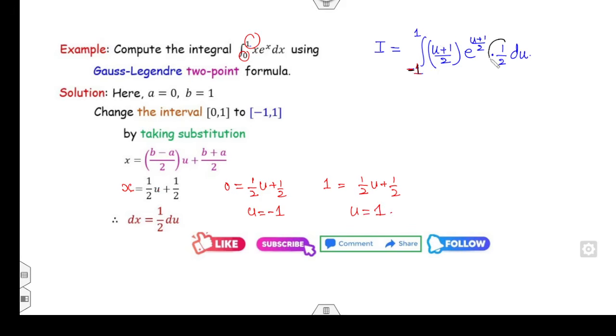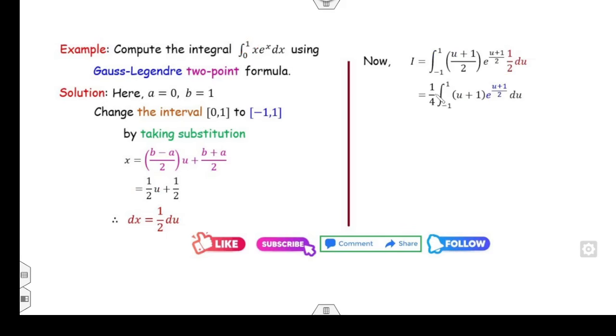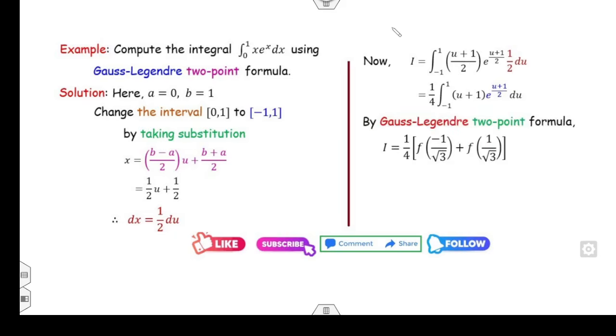Fine. Now you can see this half is outside. Then your I will be half outside, here half is outside, 1 by 4. Now you can see the domain is -1 to +1, so you can apply the 2-point Gauss quadrature formula. What is the f? f is the portion which is inside the integration. This is my f: (u plus 1) e raised to power (u plus 1) over 2.